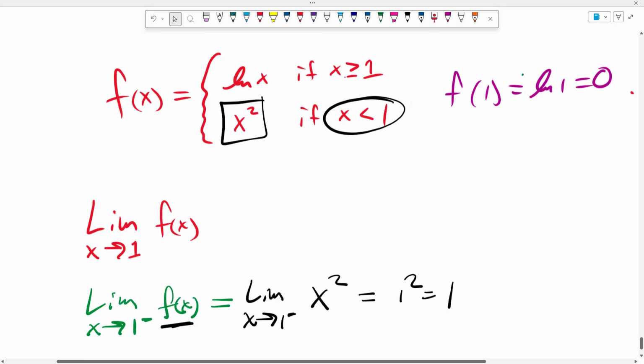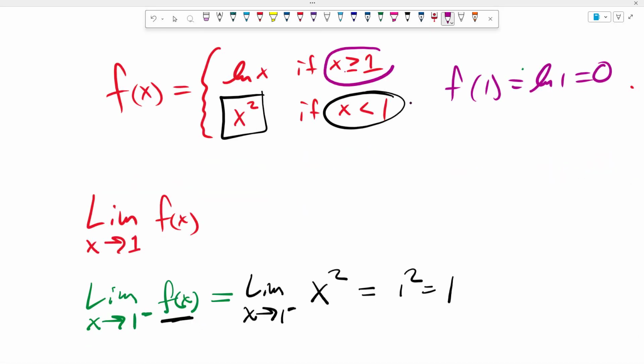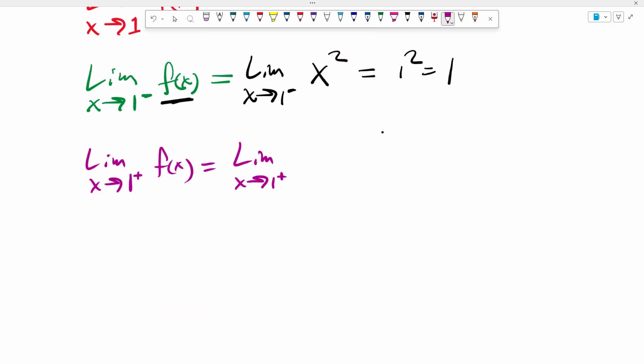So I can substitute in for f of x, ln of x. And again, this is a continuous function, so we can just plug it in. And we get ln of 1, and ln of 1 is 0.